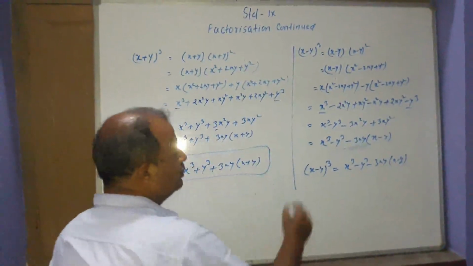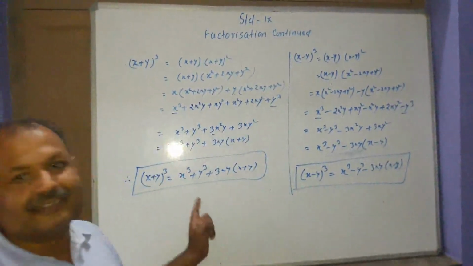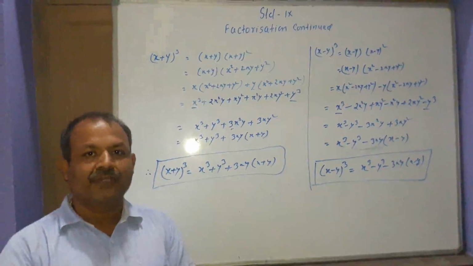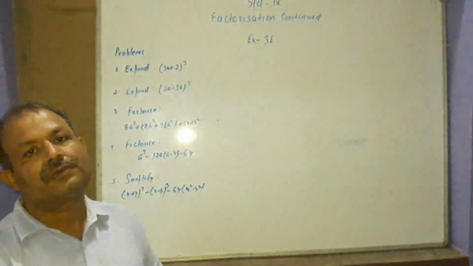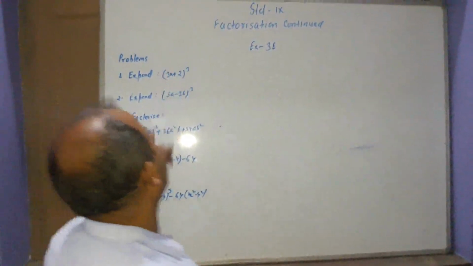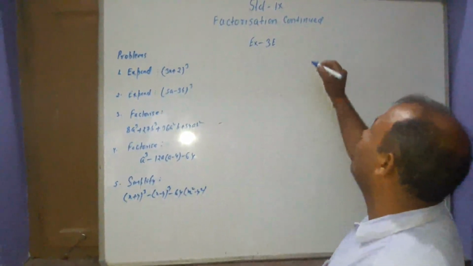We have to use these two identities in exercise 3E to solve the various types of problems. Now we have to solve some of the problems just by utilizing the two identities we have learned.